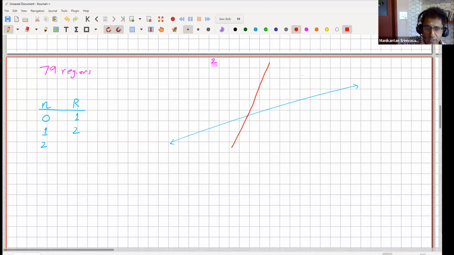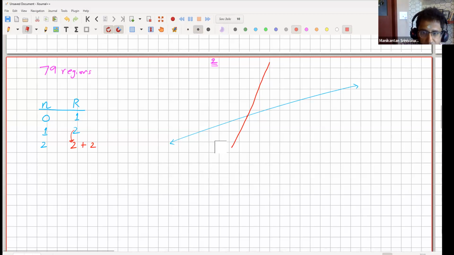So the 2 became 2 more. Right? We already had 2 regions. But then the red line came. Once it touched the blue line, it added one more region. Why did it add one more region? So I'll just go through the paces again. Earlier, the top portion was just one region.